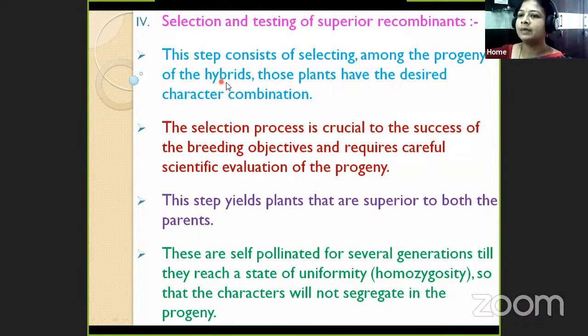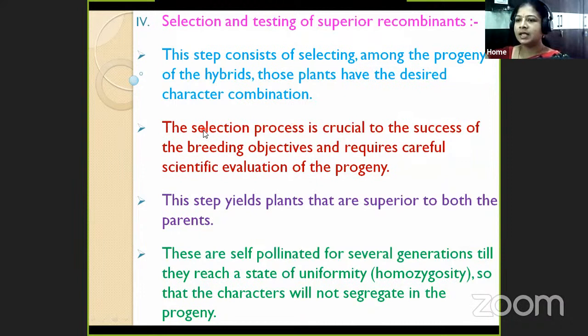Whether those hybrids have superior characters or not, selection is practiced among them. This step consists of selecting among the progeny of the hybrid those plants that have the desired character combinations or not.